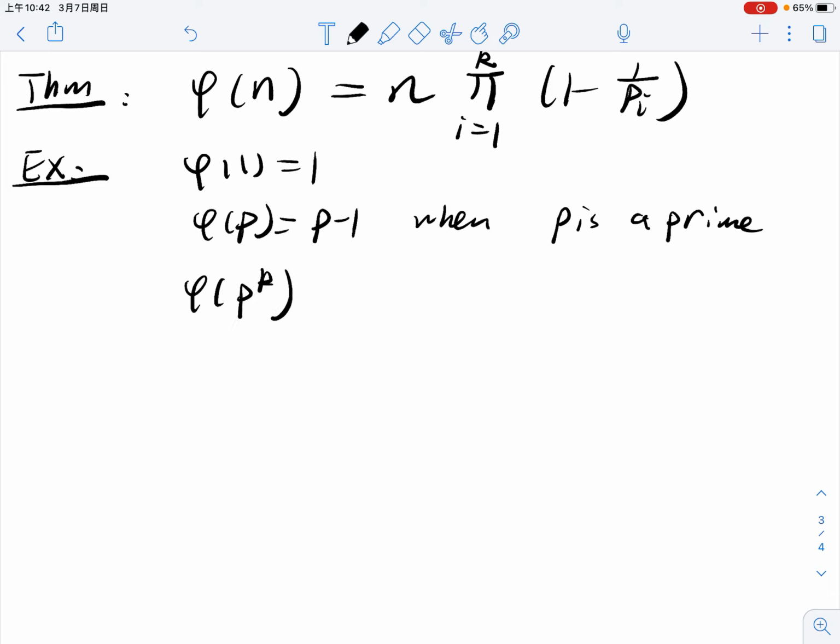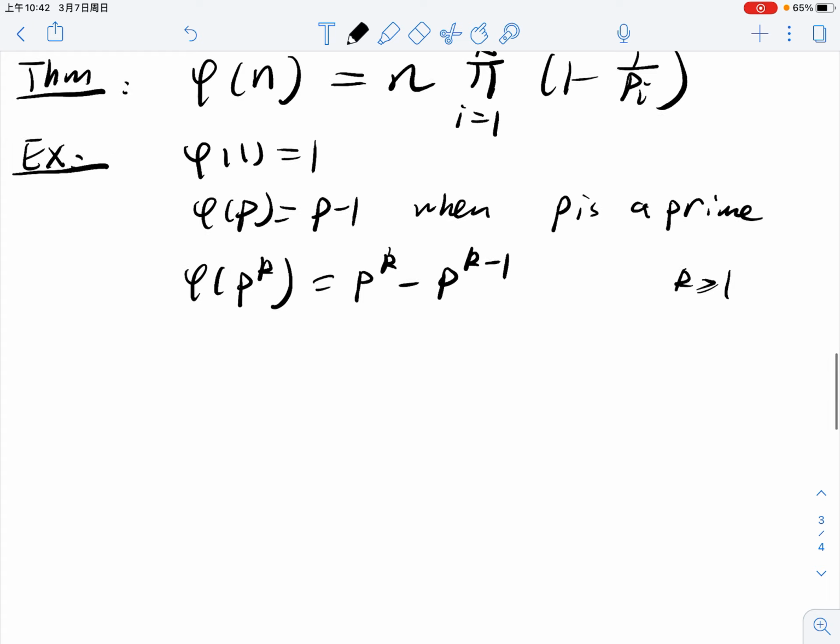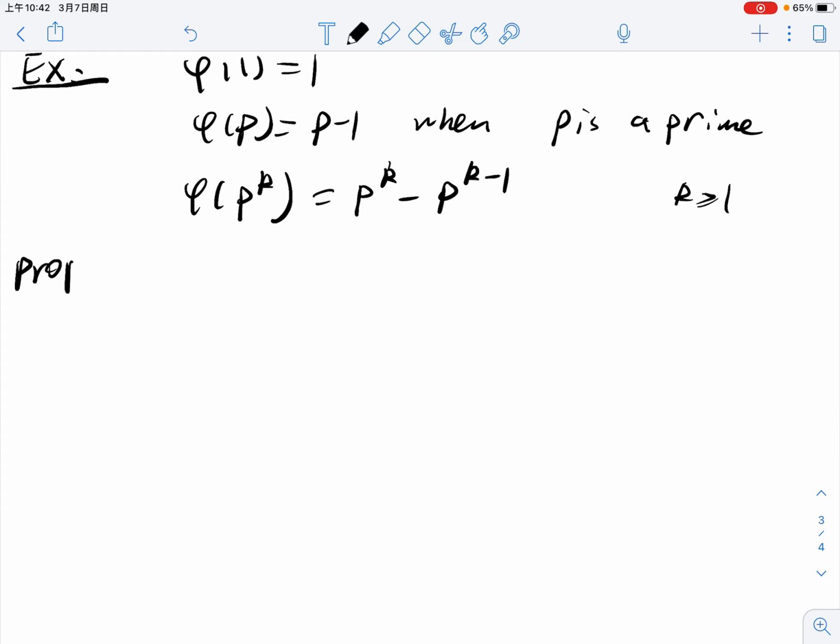And if you have a power of p, then you will have this, for k greater than or equal to 1. And a very important property of the Euler function is the multiplication property. In other words, it's multiplicative.